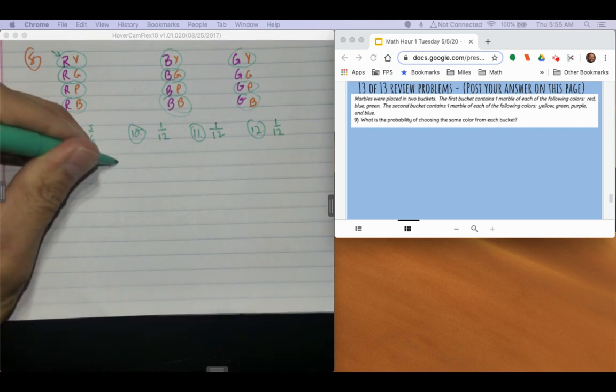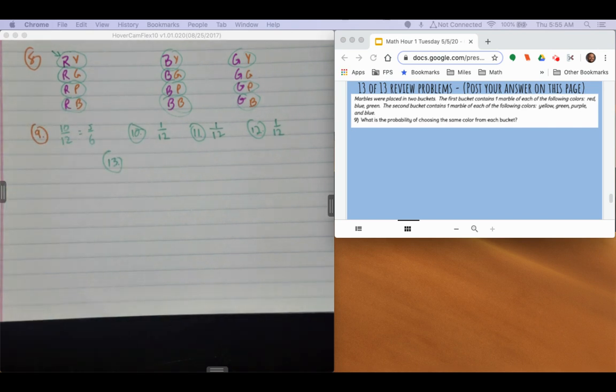Last but not least, what is the probability of choosing the same color from each bucket? If I go through here, there's not red and red because there's no red in the second bucket. So none of them are the same here. There is a blue and blue, and then there is a green and green.